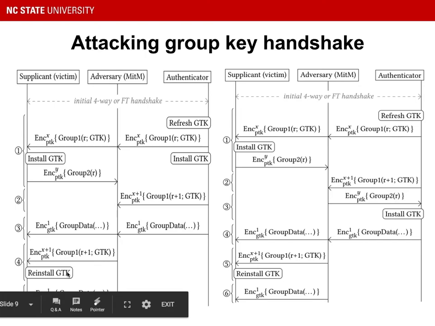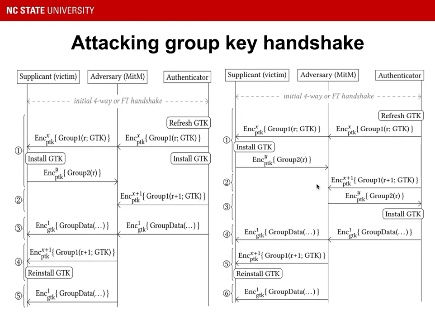In case 1, it's similar to the four-way handshake. The attacker will stop the reply. The authenticator will keep sending message 1, and the attacker will just replay message 1 again and force the reinstallation of the GTK on the client side.